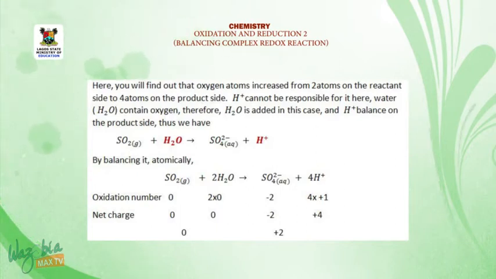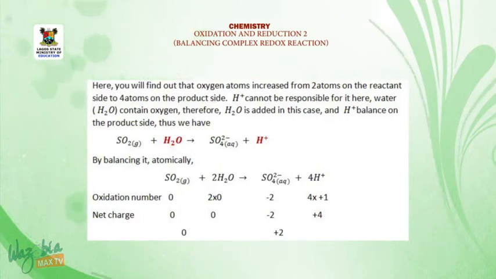Thus, we have SO2 + H2O to give SO4 2- + hydrogen ion. By balancing it atomically, we have SO2 gas + 2 molecules of water to give SO4 2- + 4 hydrogen ions.